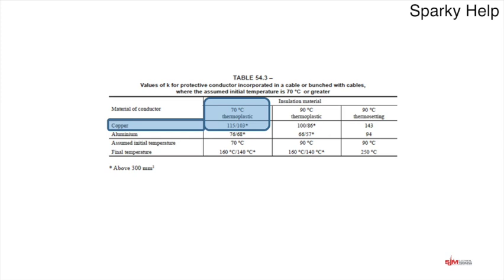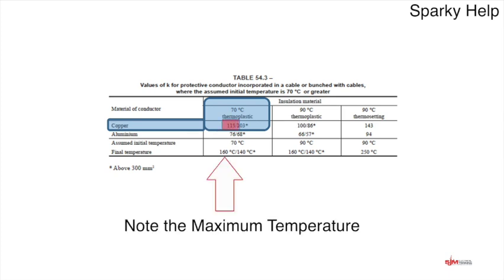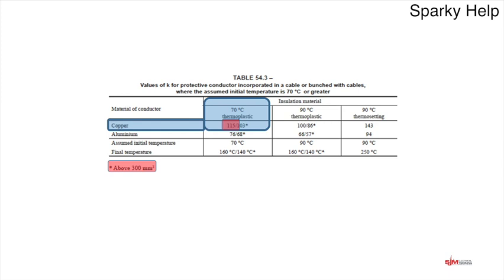And we have two values. We have 115 or 103. We are going to select the 115. Why are we selecting 115? Well, the other one has an asterisk next to it, and underneath the table it says that 103 is if your cable is above 300 mil. Well, ours is only a 6 mil, so we're definitely into the 115 category.